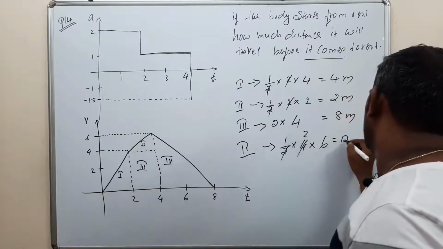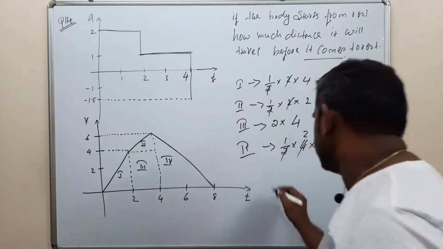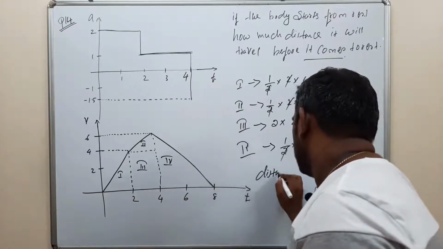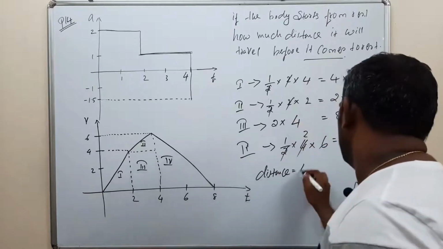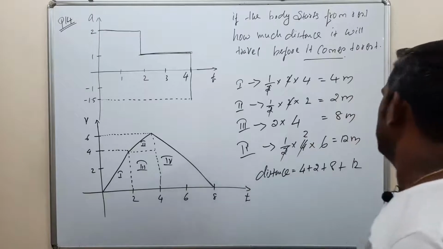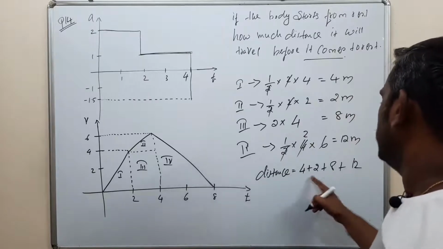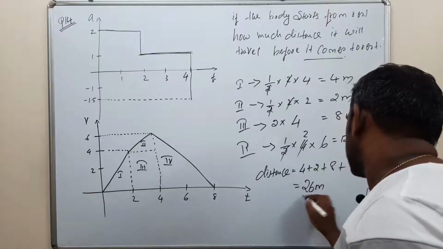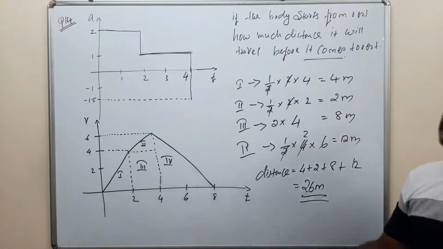That's equal to 12 meters. So the total distance traveled by the body is 4 plus 2 plus 8 plus 12, that is 26 meter.